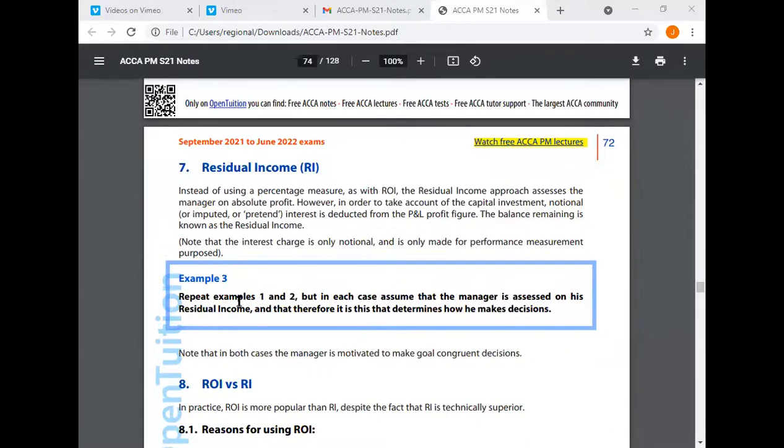They want us to repeat examples 1 and 2, but in each case, assume that the manager is assessed on his residual income, and that therefore it is this that determines how he makes decisions. So the key word here is residual income.